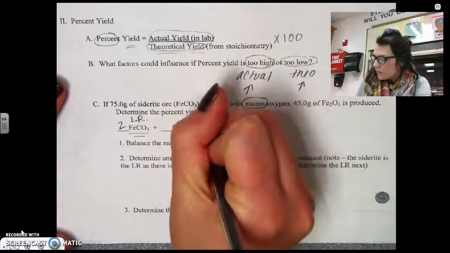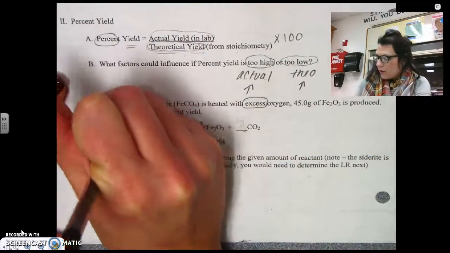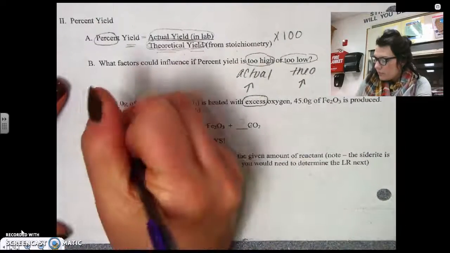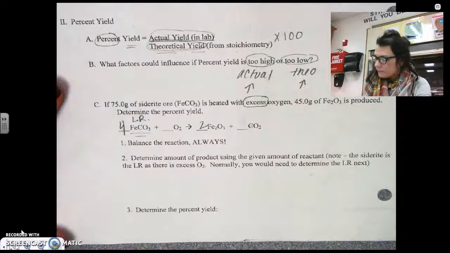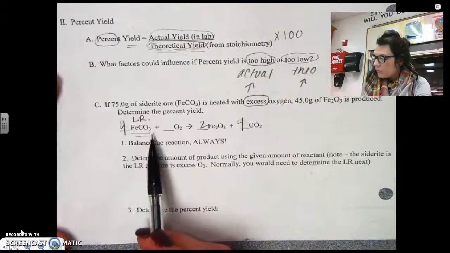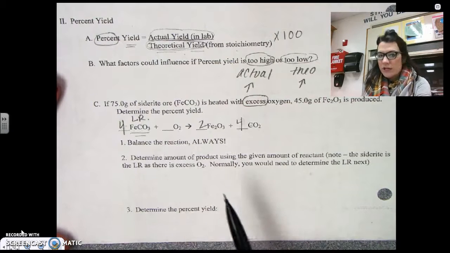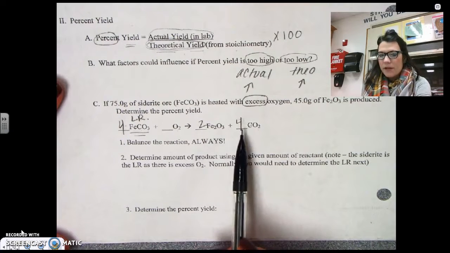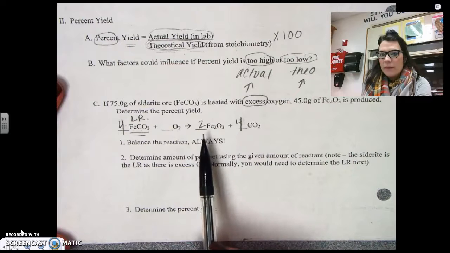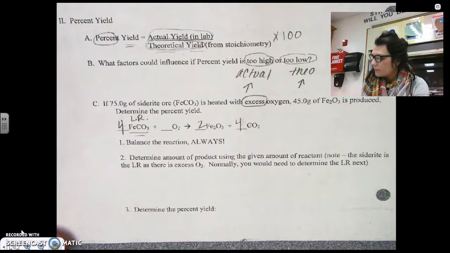So what I'm going to do is make this an even number and restart here. Now I have 4 irons, so I'm going to put a 4 here. I have 4 carbons, so I'm going to put a 4 here. So 4 times 3 is 12, plus 2 is 14, and then 8 times 2 is 8, plus 6 is also 14. So this is going to be a balanced chemical reaction.